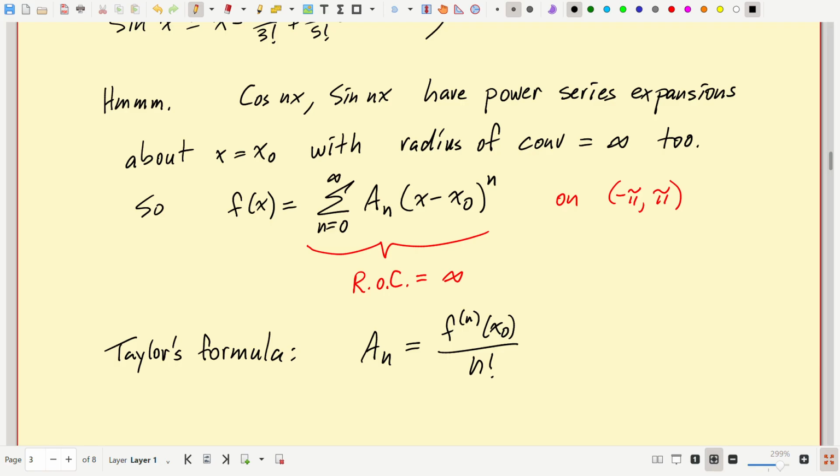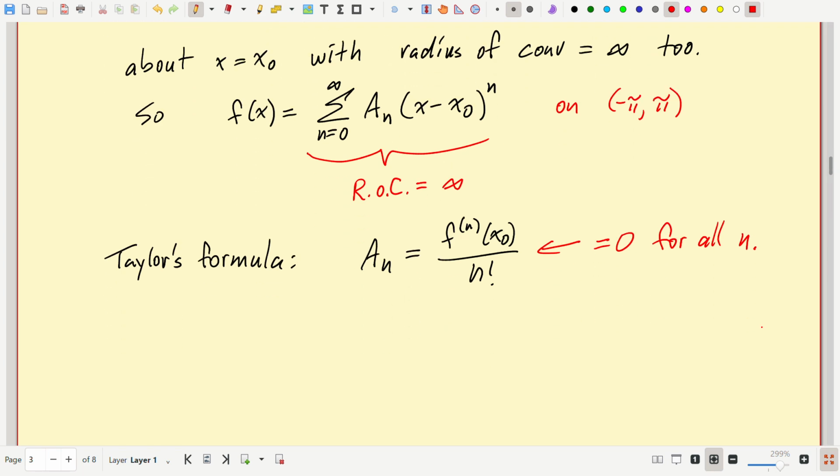And those are all 0 because f is identically 0 in a neighborhood of x naught. Those are equal to 0 for all n. And that means f is identically 0 on that interval, and we're done.